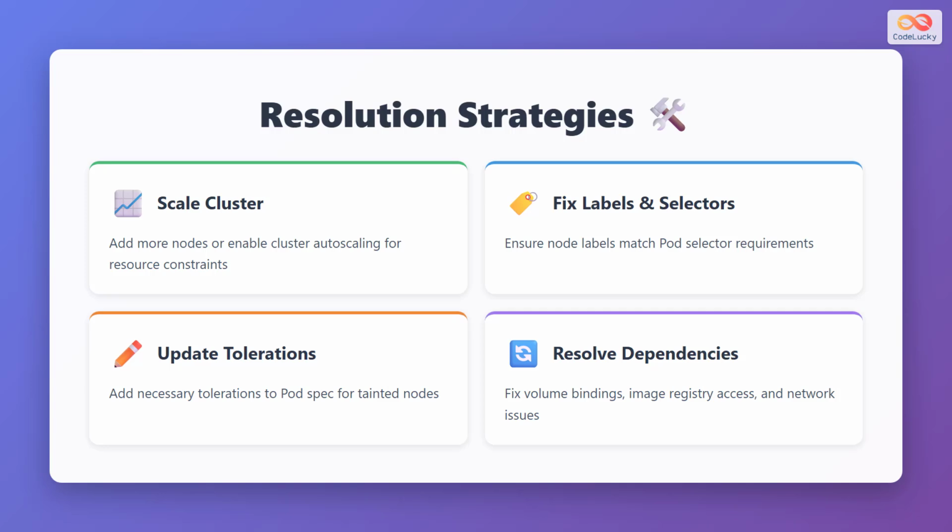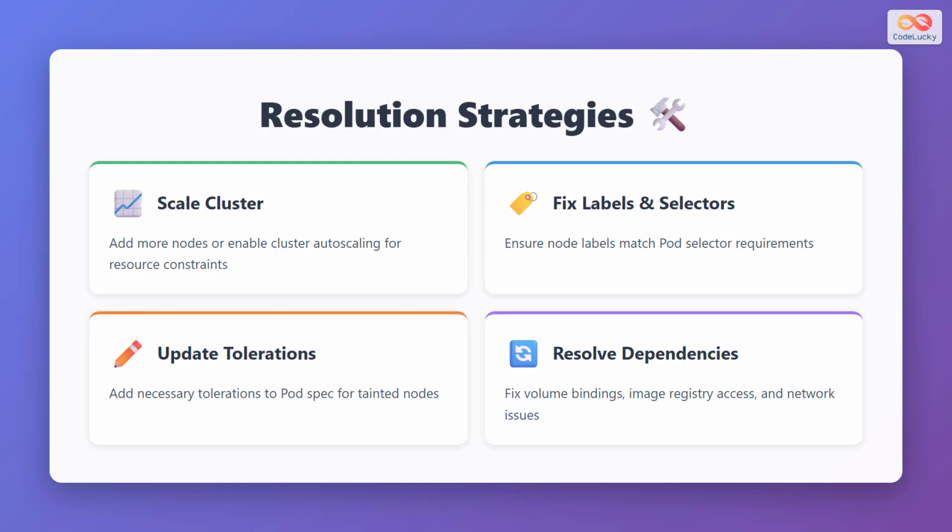Now that we understand the causes, let's discuss resolution strategies. For resource constraints, scale your cluster by adding more nodes manually or enable cluster autoscaling to automatically adjust capacity based on demand. For node selection issues, fix labels and selectors by ensuring node labels match your pod selector requirements exactly.